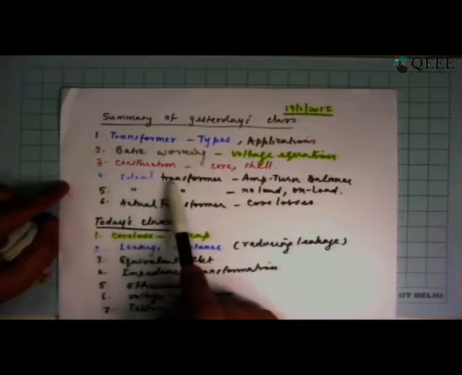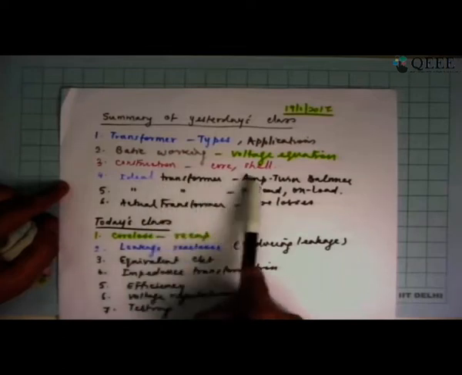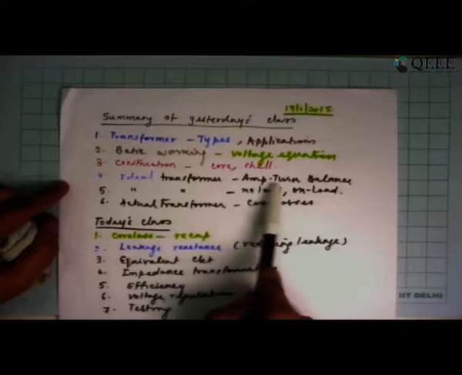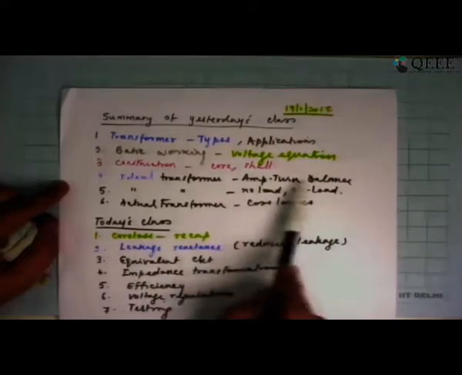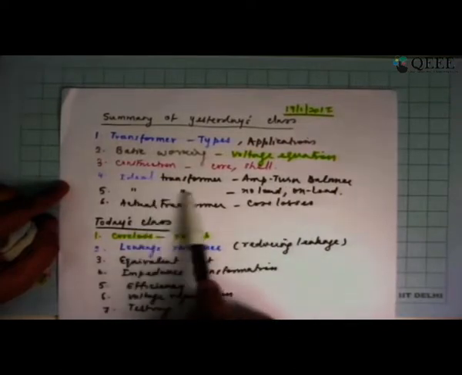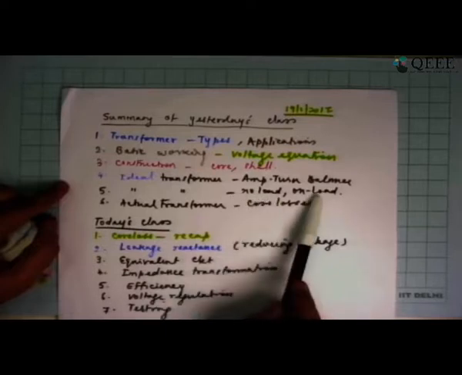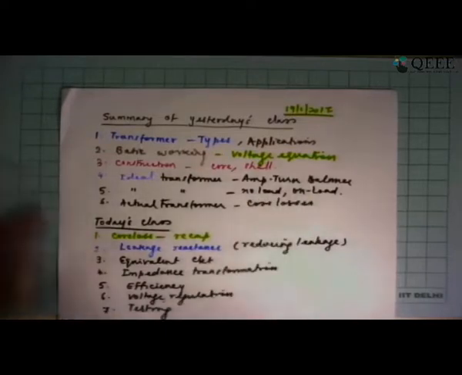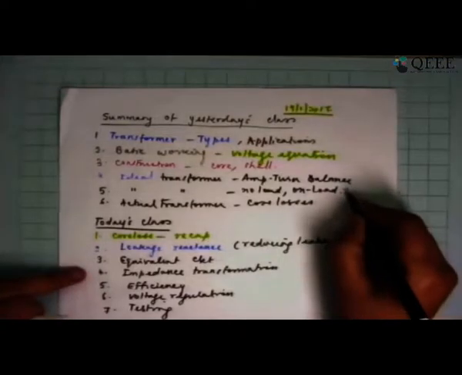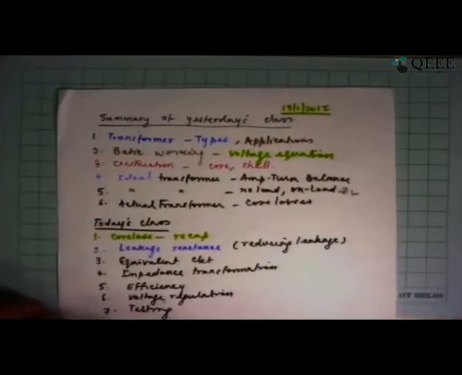We had also taken a look at how exactly an ideal transformer functions, what happens when a load is connected on the secondary side, and how the ampere turn balance takes place between the primary and secondary. Then we had looked at the ideal transformer's functionality under no load and on load condition, how a load ZL connected on the secondary side can be transformed to the primary side.